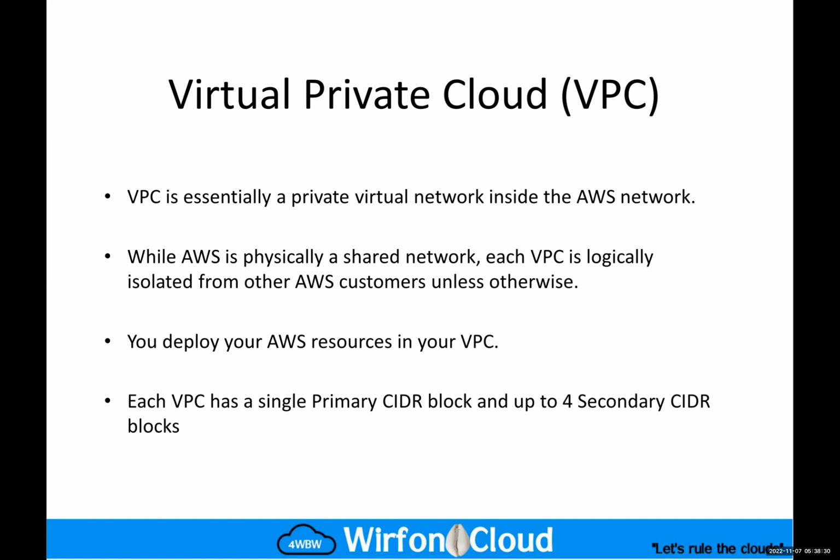And as we also saw last week about private virtual networks, they all come with a primary CIDR block. Every VPC comes with a CIDR block, and in the case of AWS, these virtual private networks have what we call a primary CIDR block and what we call secondary CIDR blocks. So you can have one primary CIDR block and up to 4 secondary CIDR blocks.